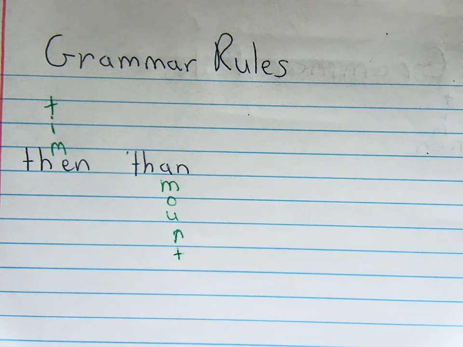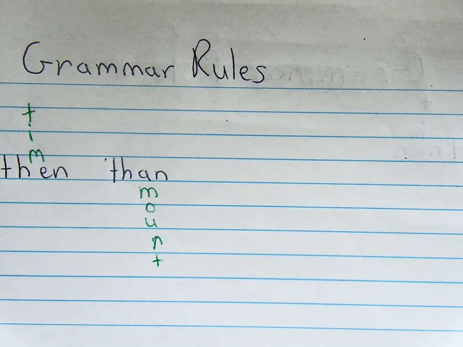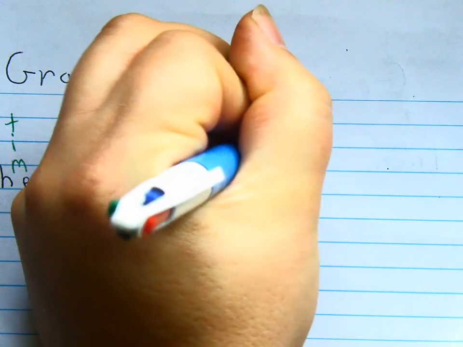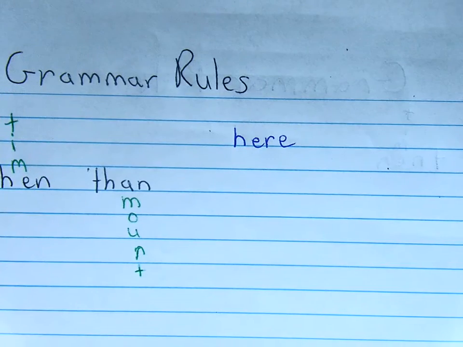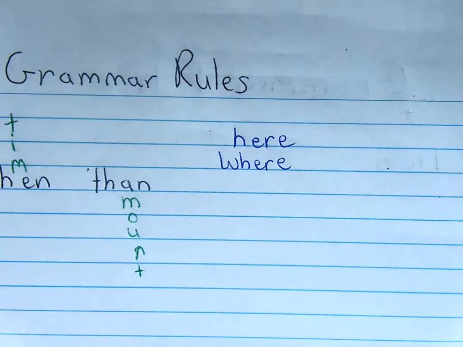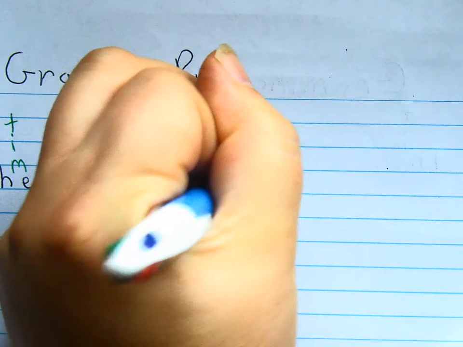The other one is the classic then, there's, and there's situation. But let's look at them individually and correctly. What it really is, is that we have an here, and then you have to ask yourself, where? And well, the answer is over there.